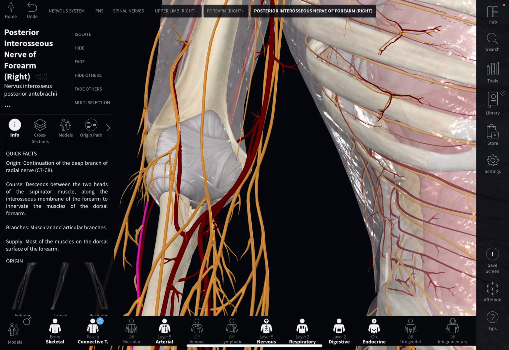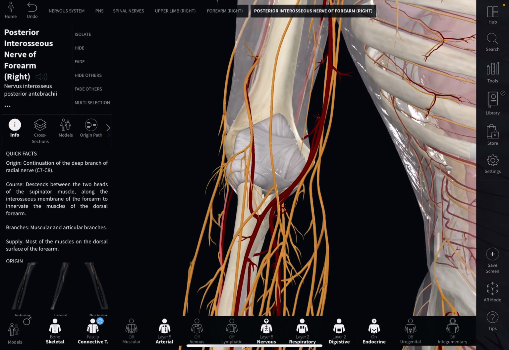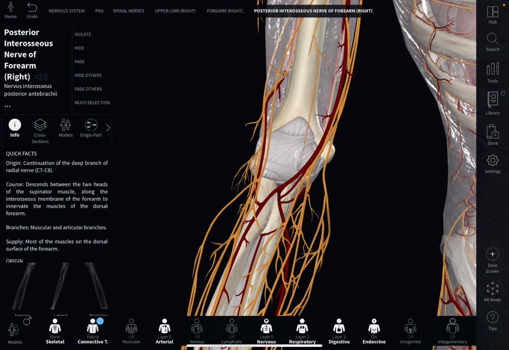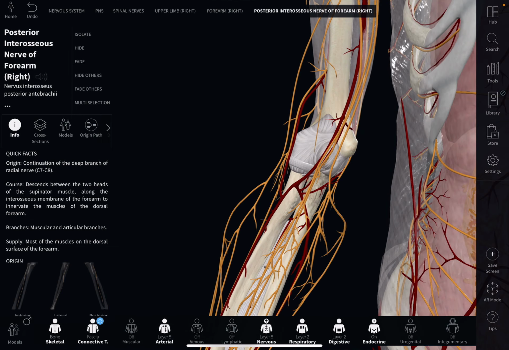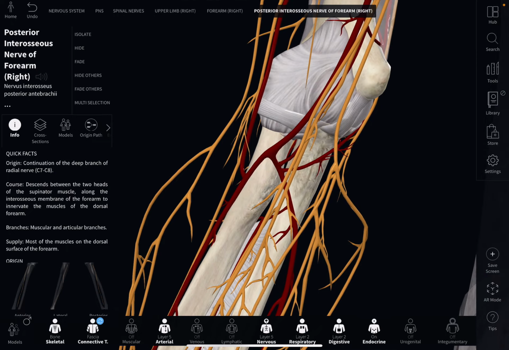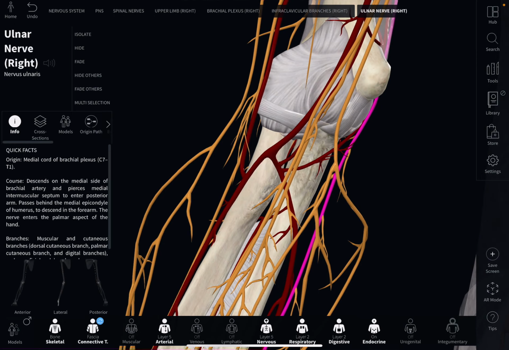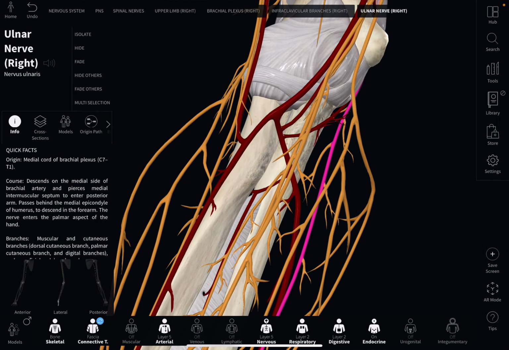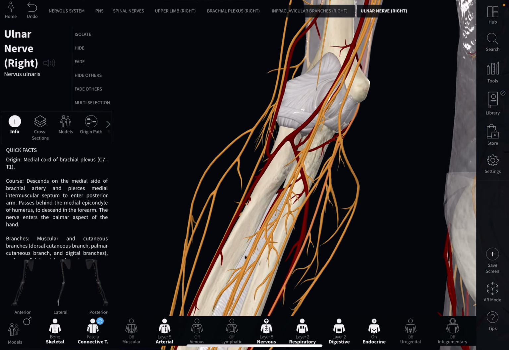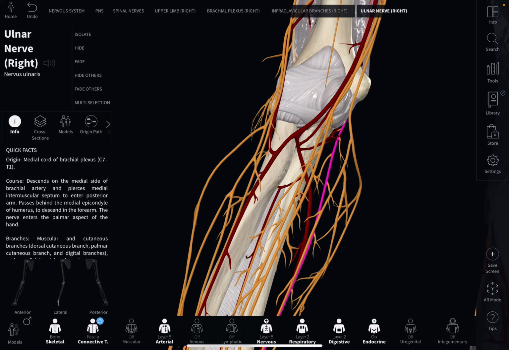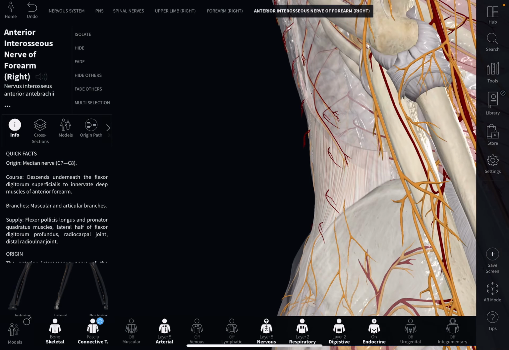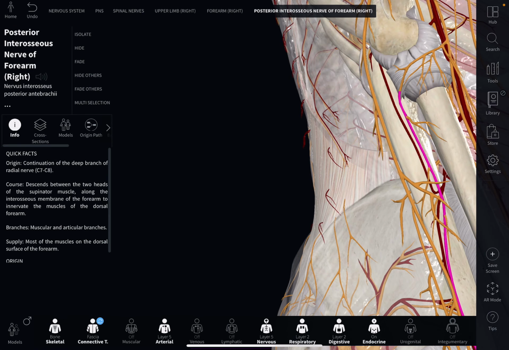The other nerve that we see in the front of the forearm is the ulnar nerve. Let's locate the ulnar nerve here. It runs here after passing behind the medial epicondyle, and can be seen coming along the medial border of the forearm. So the ulnar nerve, the anterior interosseous nerve, and the posterior interosseous nerve.